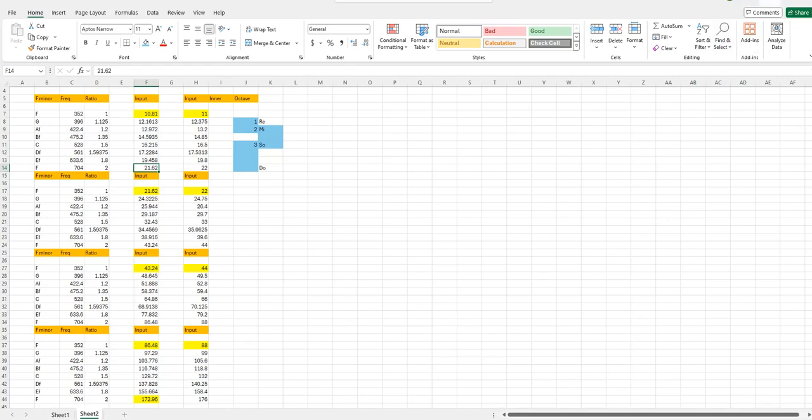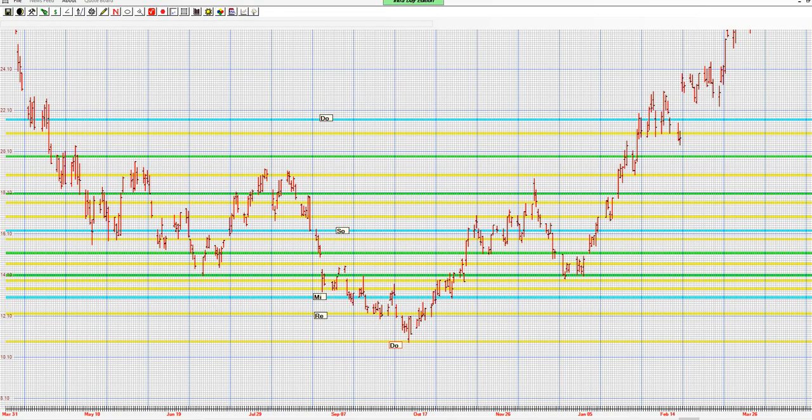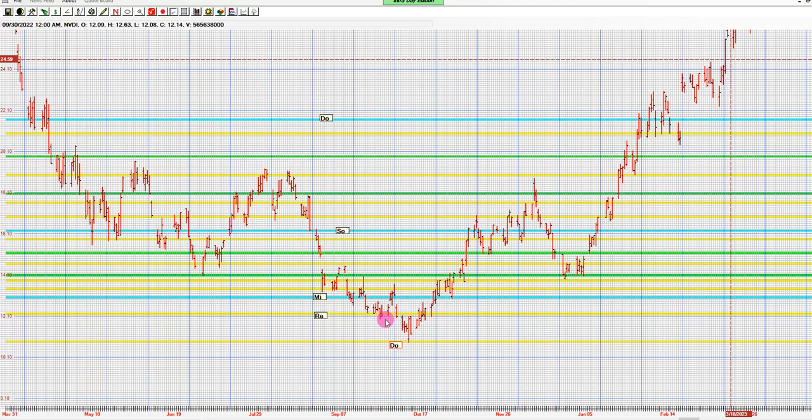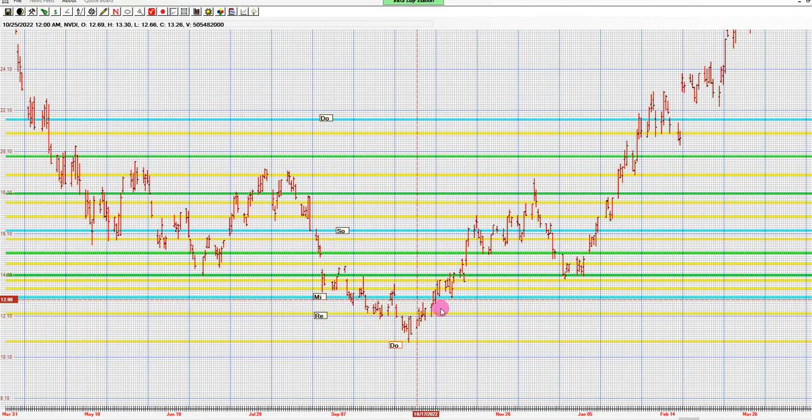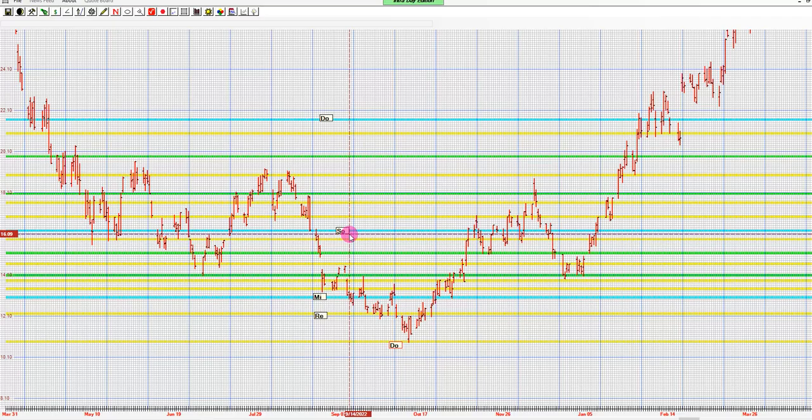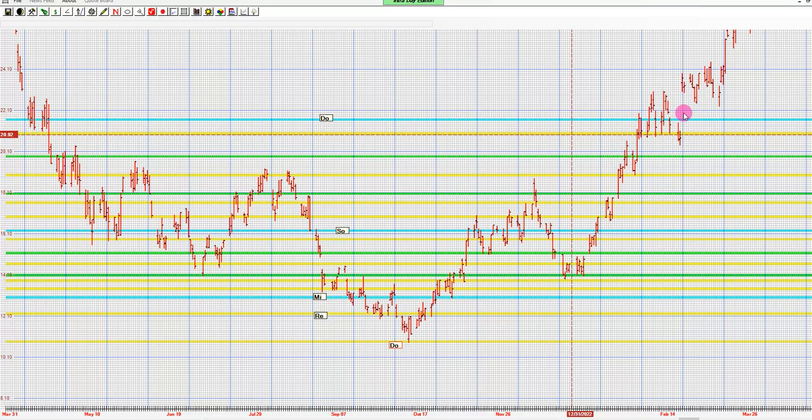So there's our law of 3 again, inside the law of 7. So our potential octaves would be between Ray and Me, which is this very narrow area here, then between Me and So, and then So and Do. So I've placed those octaves there and highlighted them in different colors.